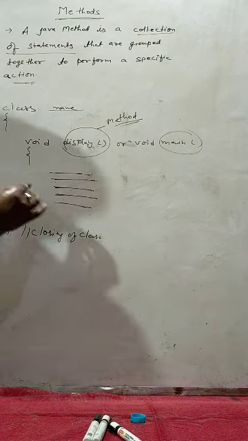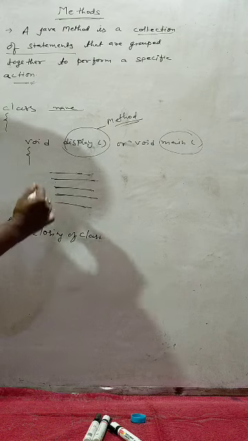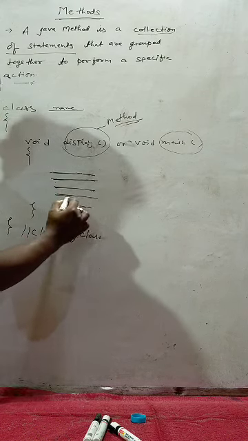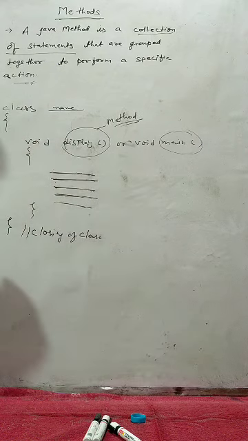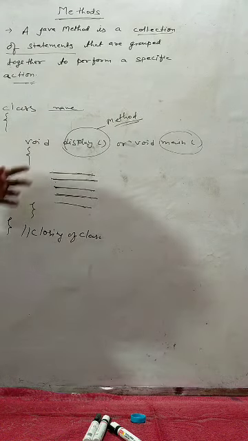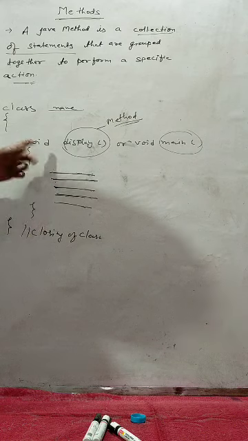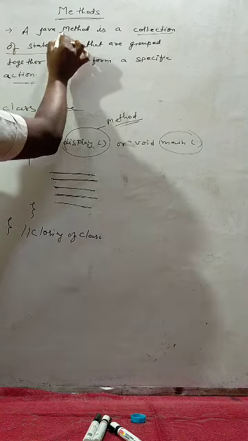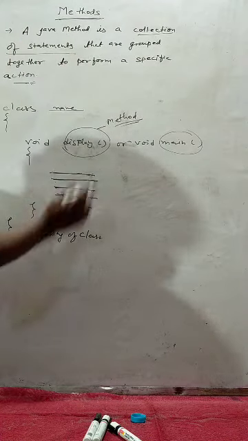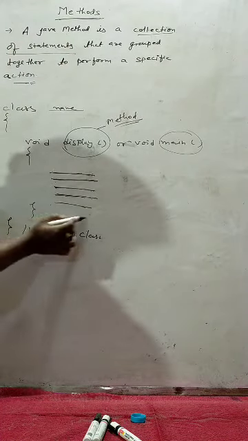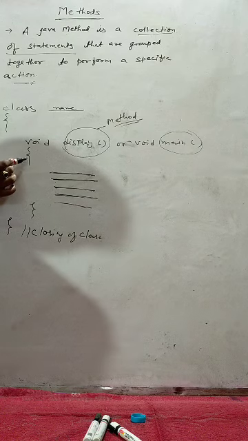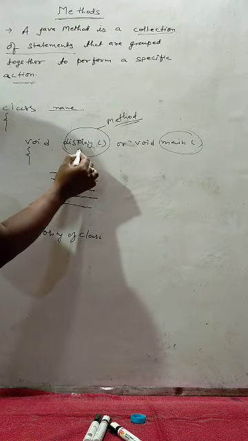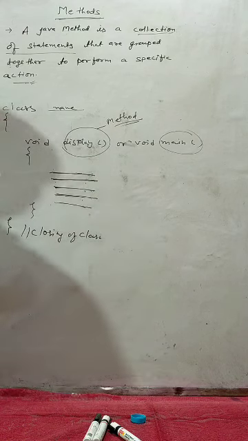So in Java, we always write all the statements inside a method. That means the first sentence is clear: a Java method is a collection of statements. So many statements are grouped under opening and closing brackets. Therefore, this method, the void display, is a collection of all these statements.